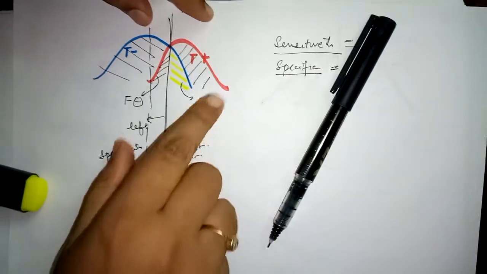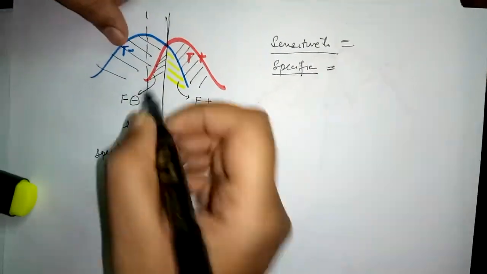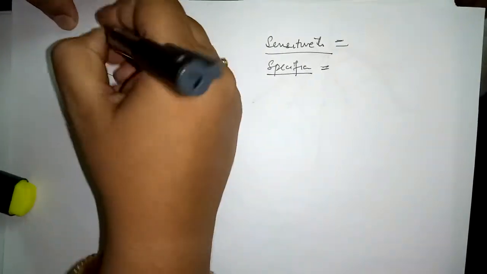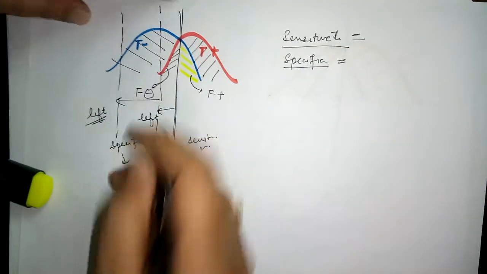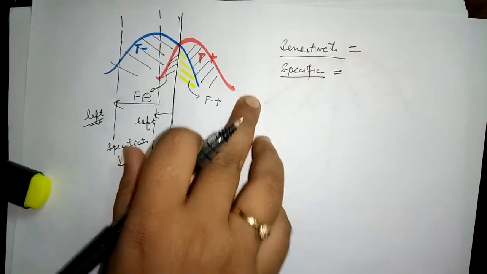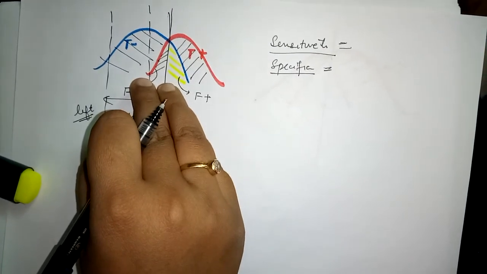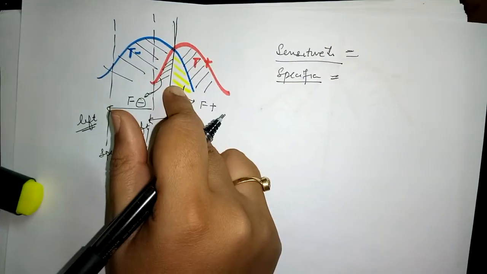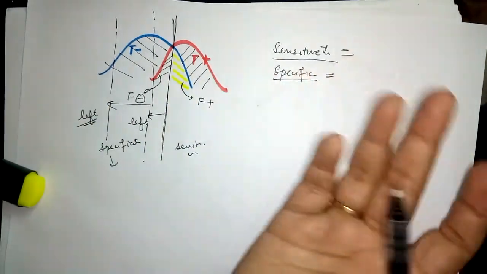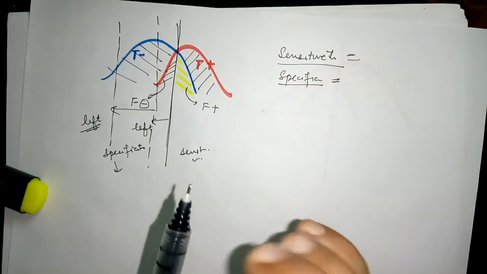Now let's see, if we want a test to be more sensitive, what we'll do is shift this further to the left side. If we shift it more to the left side, this test is able to detect all those who are true positive, but at the same time is unable to diagnose those who are true negative. This means the test is going to detect everybody as true positive, right?